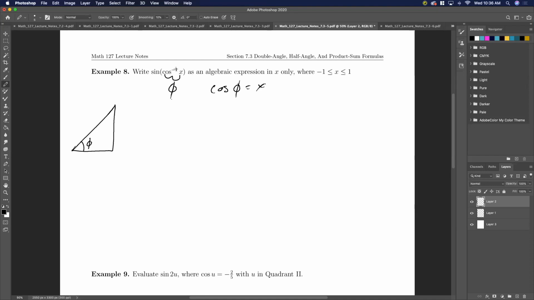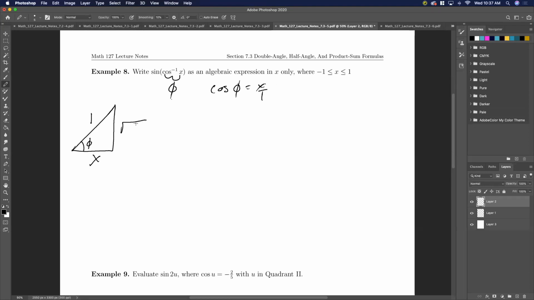So here, the first thing we want to do is just rename the inverse cosine of x as phi. Same thing we did last time, right? So last time we have 2, this time we only have 1. Cosine of phi is equal to x. Here I have an x. Here I have a 1, right? So opposite, or adjacent over hypotenuse.